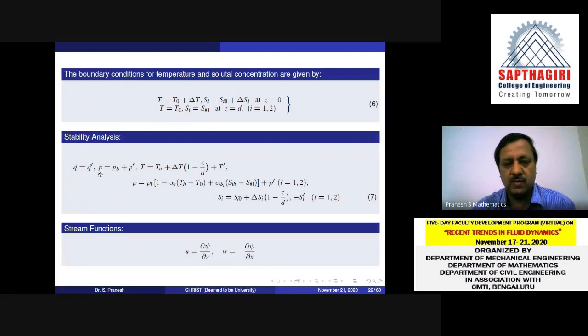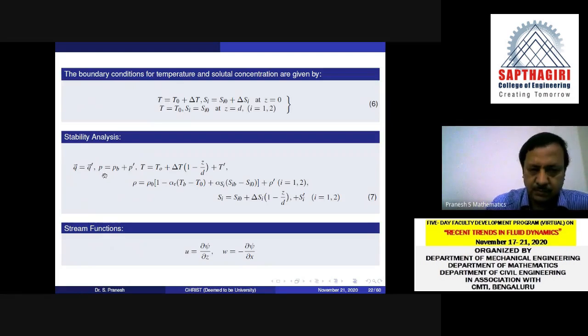And when we solve this problem, we have so many variables here. In order to reduce the number of variables, we consider only two-dimensional flow. One is horizontal and the other vertical. Horizontal is the x direction, vertical is the z direction. So in order to reduce the number of terms, we use a stream function, which is defined by u equal to dou psi by dou z, w equal to minus dou psi by dou x.